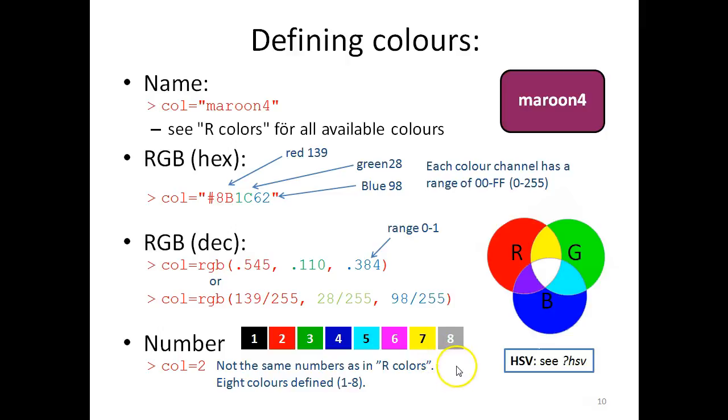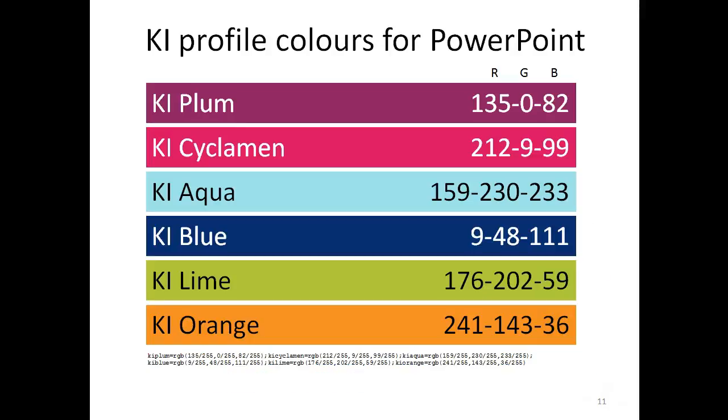If you would like to provide the colors as HSV codes, that's hue, saturation, value, then you may look at the HSV help text to get more instructions. Since this is a Karolinska Institute, KI, course, I thought it might be a good idea to provide the RGB color codes for the KI profile colors.